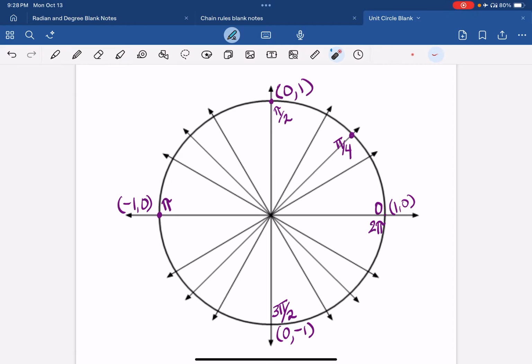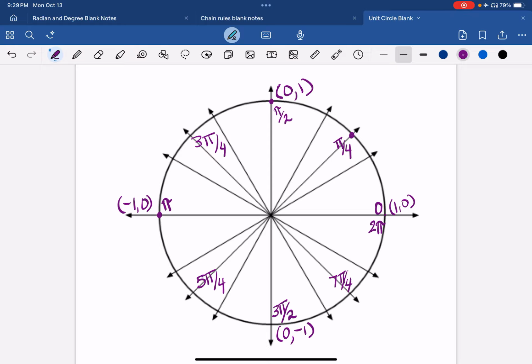As we count, this is 1 pi over 4, 2 pi over 4. Then right here we would have what? 3 pi over 4. Then we got 4 pi over 4, and here we would have 5 pi over 4. Then we keep going around, and we'd have 6 pi over 4, and right here would be 7 pi over 4.